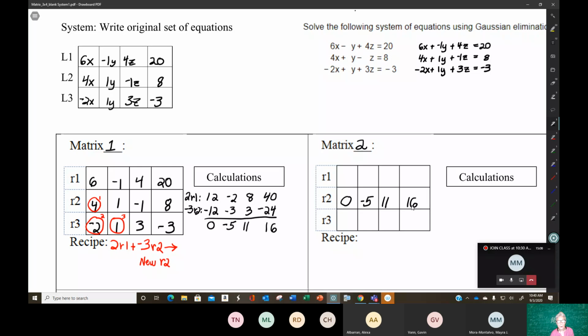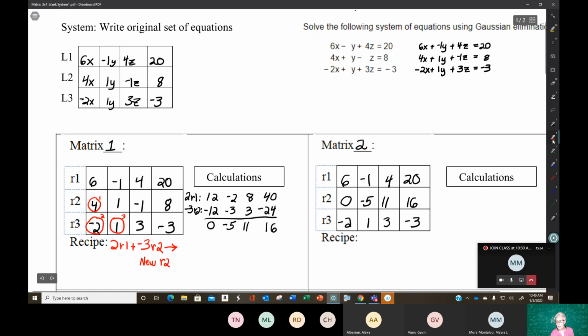Meanwhile, row 1 and row 3 stay exactly the same for now. So 6, -1, 4, and 20, and -2, 1, 3, -3.